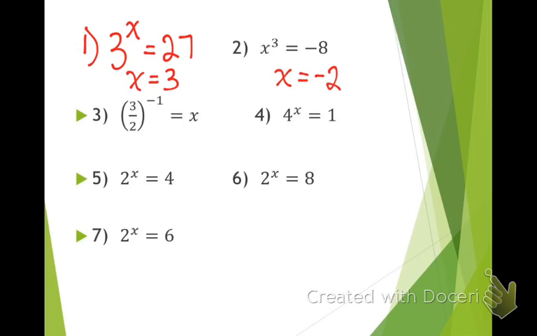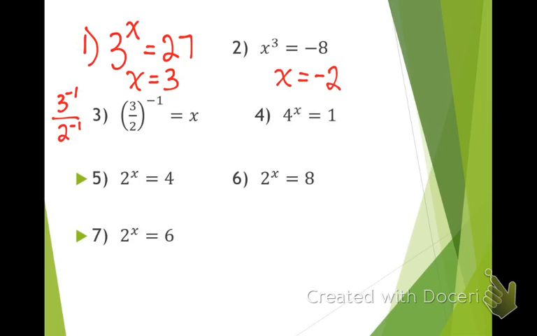On number 3, they already have x alone, but what don't we like about 3/2 to the negative first? I don't mind the improper, but I don't like the negative exponent. How do we change it to have a positive exponent? One thing we could do, if we're not sure, is give that negative exponent to both the numerator and the denominator.